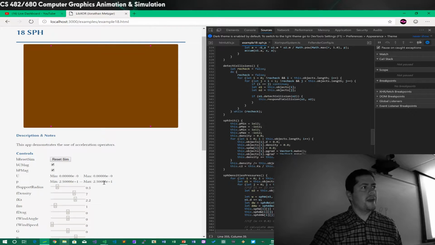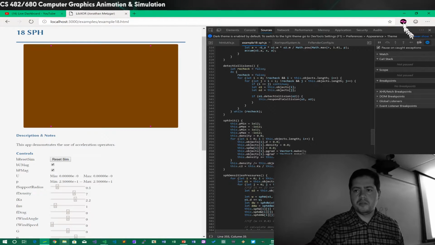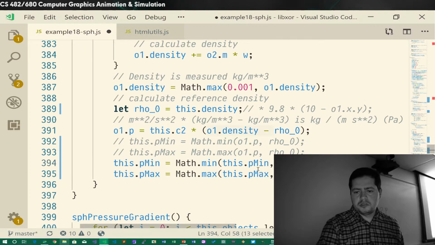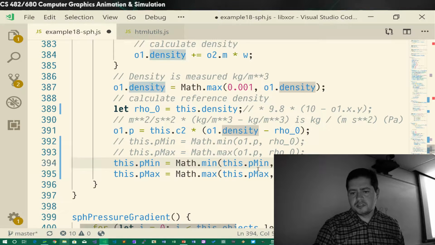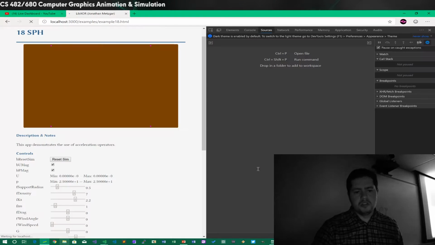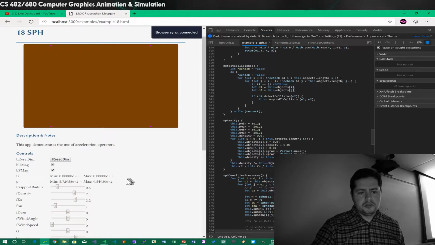Because it's dependent on our mass. Right. Okay. But then the densities is much bigger. Anybody guess why that?